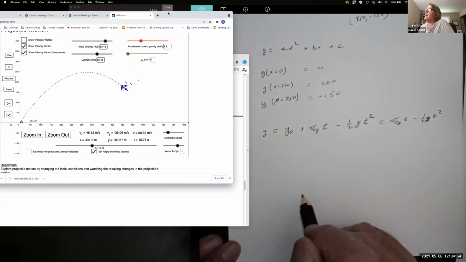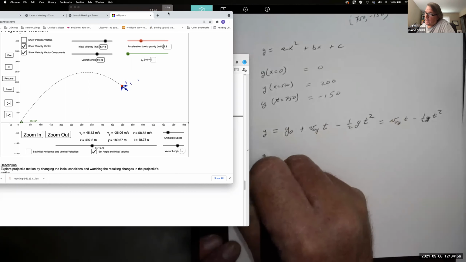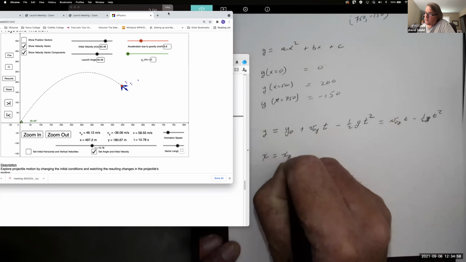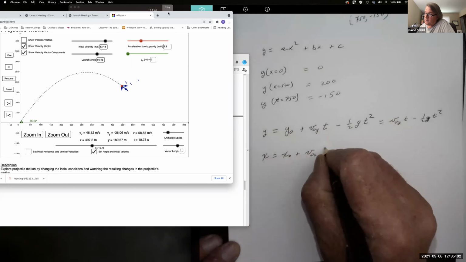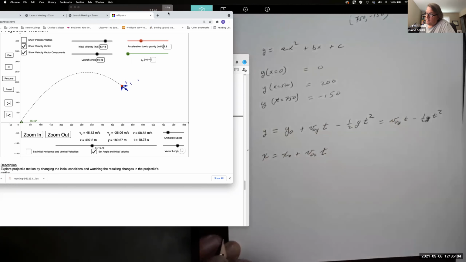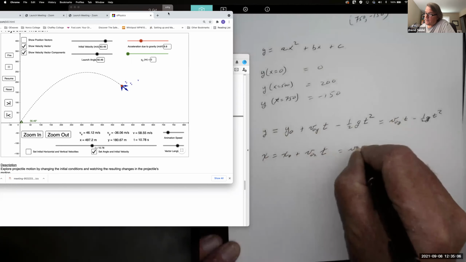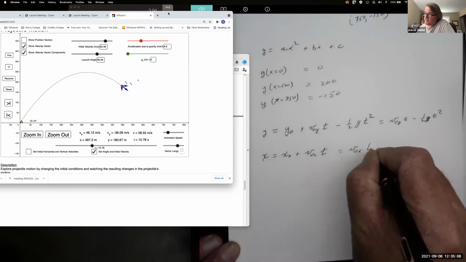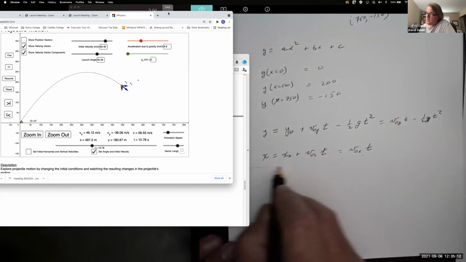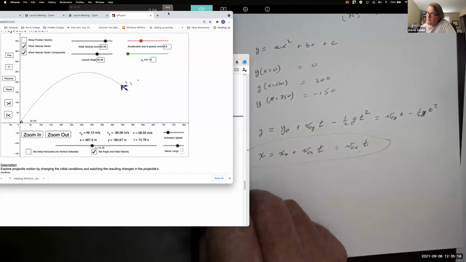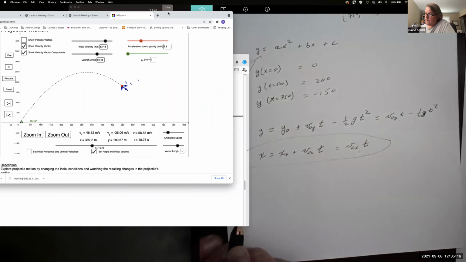So I've got y. I've also got x is equal to x0 plus v0x times t, which is just v0x times t. So you can use this. You can stick it in here for x once you figured out your a and b's.